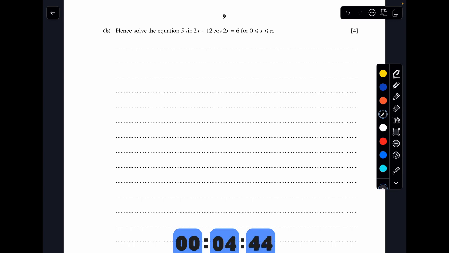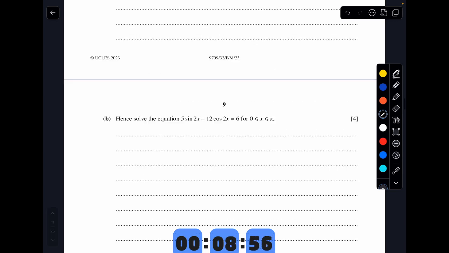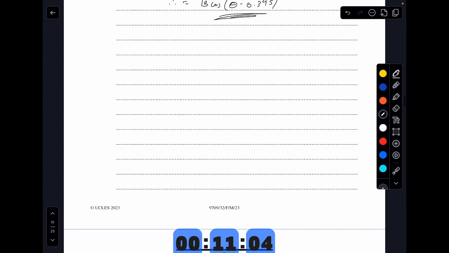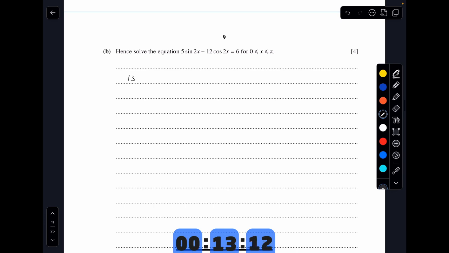Well, remember, okay, what our equation is: 13 cos theta minus 0.395. Okay, let's think here. Now, what is theta?